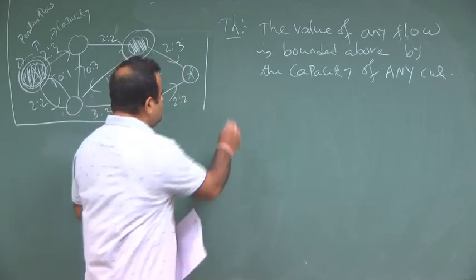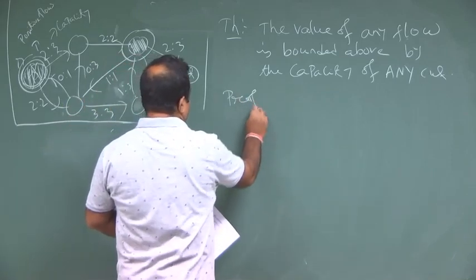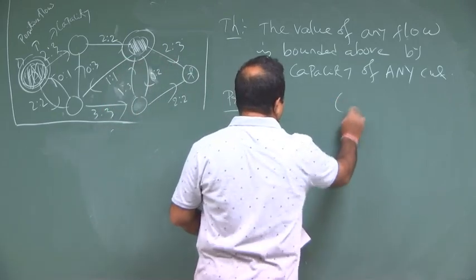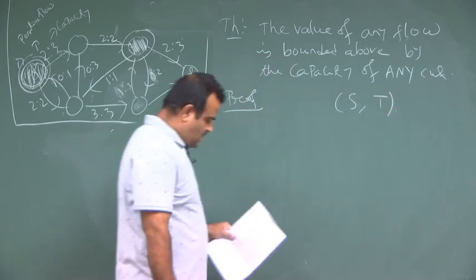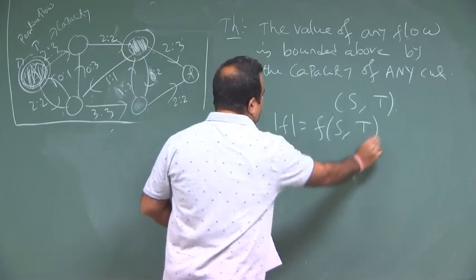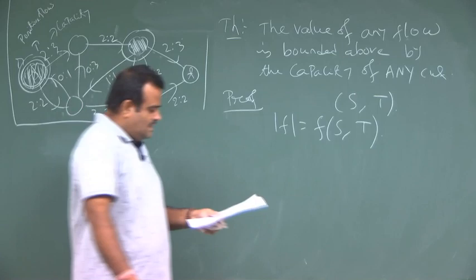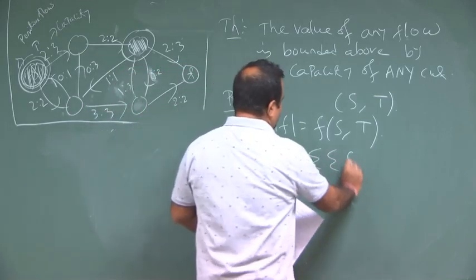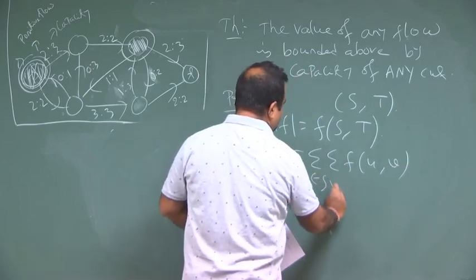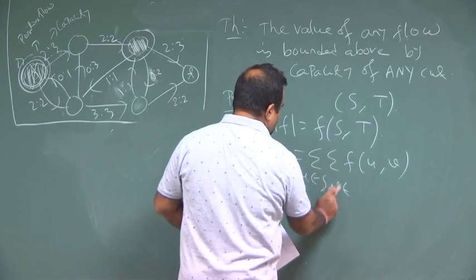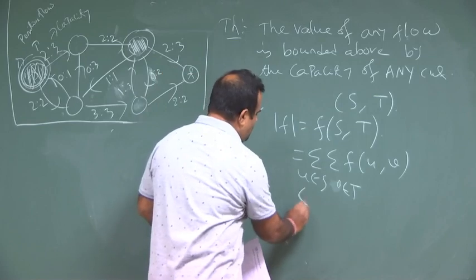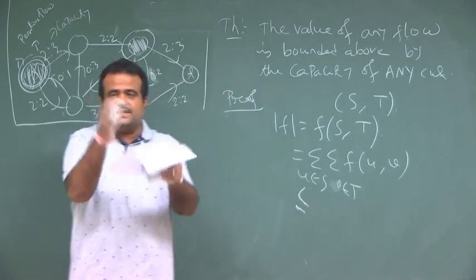Okay. So, how to prove this? Let us take a cut over here, say S comma T, be any cut. Now, we have seen the value of the flow is nothing but the value of the flow across the cut, and this is summation of f of u comma v, where u belongs to S and v belongs to T. Now, this is the flow, so this must be less than the capacity on that edge.